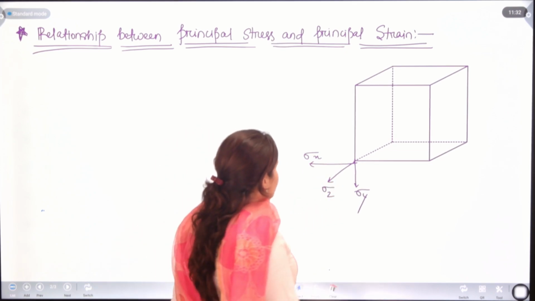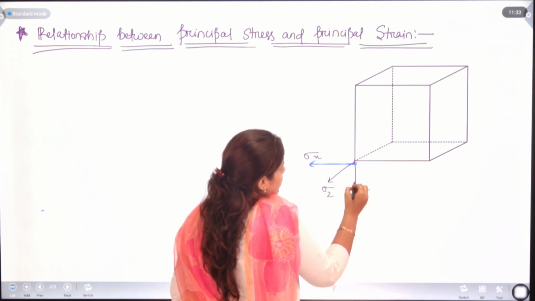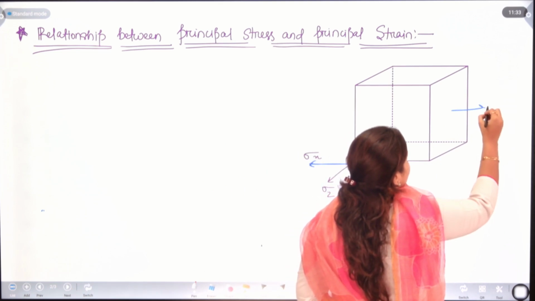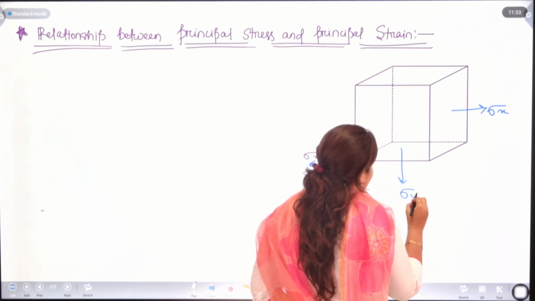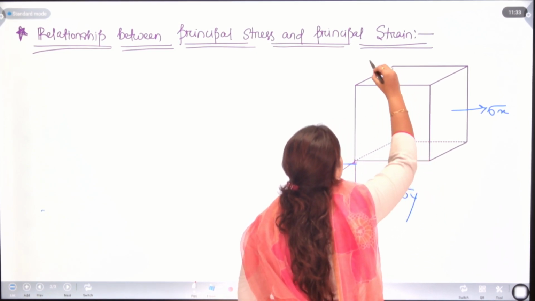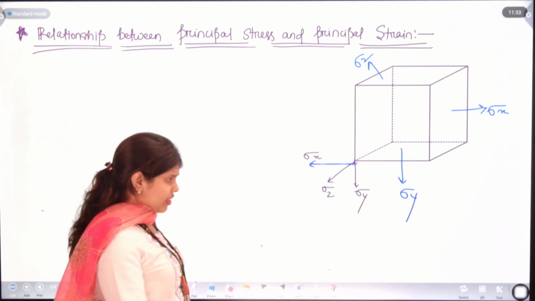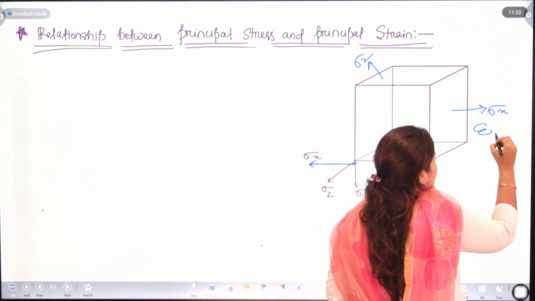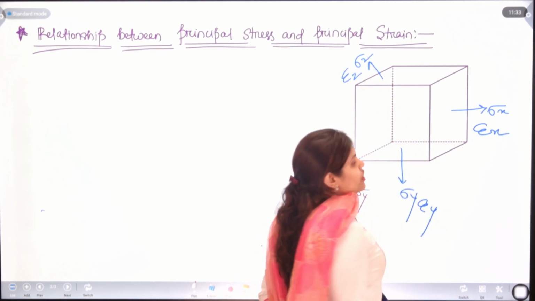In a 3-dimensional plane, here it is sigma x and sigma y and sigma z. That means sigma x will be acting in this direction, and here sigma y, and here sigma z, right? Similarly, there will be strain, epsilon x, epsilon y and epsilon z.